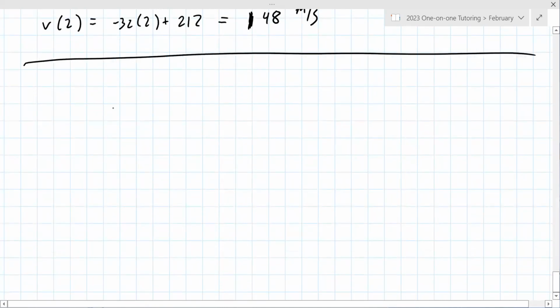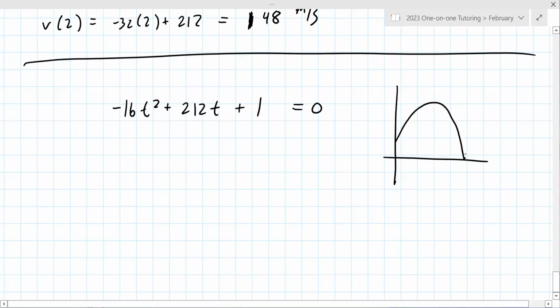Okay, so yeah, you're setting minus 16t squared plus 212t plus 1 equal to 0. So it's a quadratic function. If you know the graph of this, boom, it hits there. You would try factoring. I don't think this one factors. Definitely not. So you've got to use the quadratic formula if you're doing it by hand.